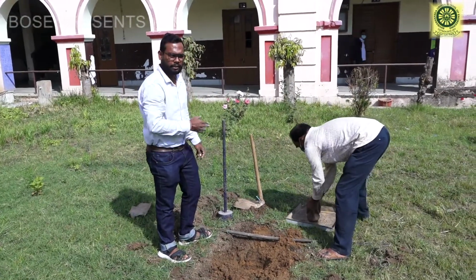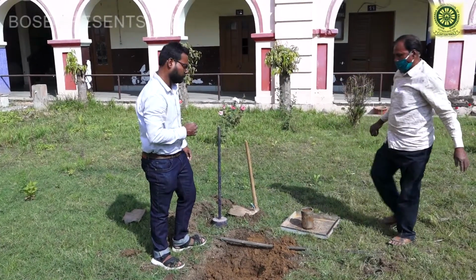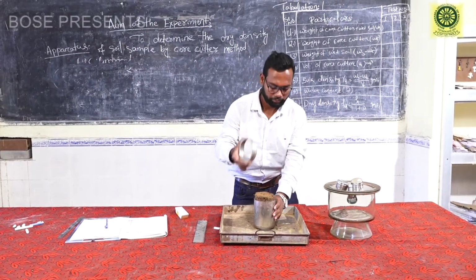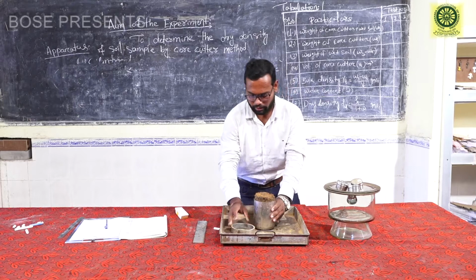Now we need to take it to the laboratory and weigh it. Now remove the steel dolly from above the core cutter and the soil.